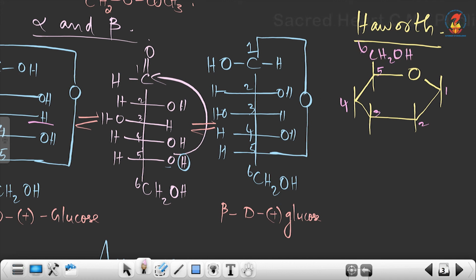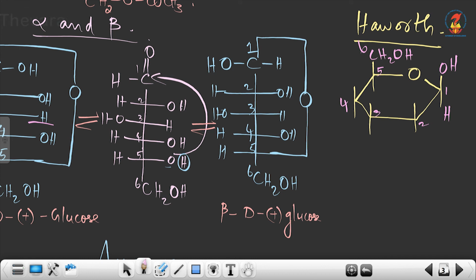Now you know the difference between alpha and beta glucose is around the 1st carbon. So in beta glucose, in the Haworth structure also, we have the difference at the 1st carbon. On the 1st carbon we have OH up here and hydrogen down.